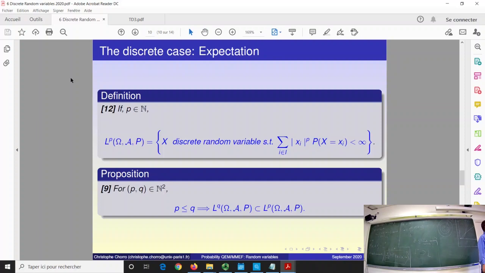L1 is just the set of the discrete random variables fulfilling a particular condition, that a sum is finite. L0 is the set of all the discrete random variables. So necessarily L1 is included in L0, because in L1 you have discrete random variables, maybe not all of them, so I don't have an equality a priori, but just an inclusion. Okay? What is not clear?